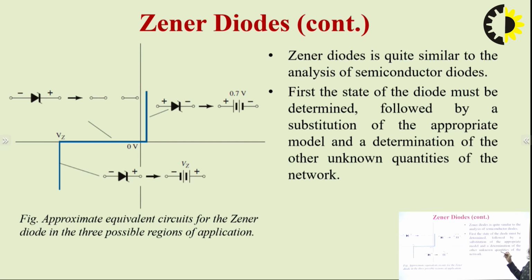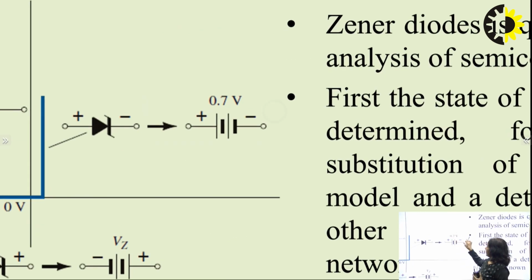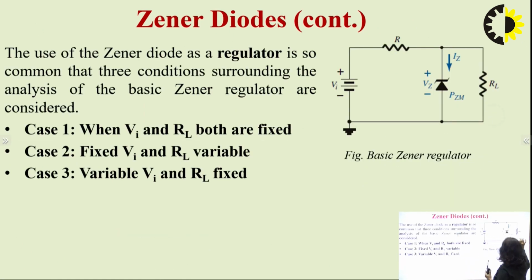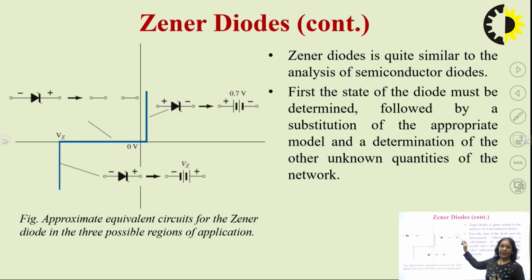In this characteristic, we can see that when we apply a forward bias across the Zener diode, the material for manufacturing the Zener diode is considered to be silicon. So up to the value of 0.7, that is the barrier potential voltage, the diode does not conduct, and as soon as the barrier potential is overcome, the diode starts conducting.